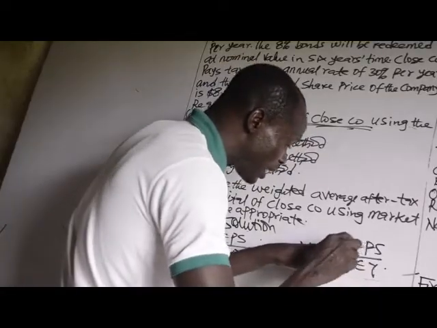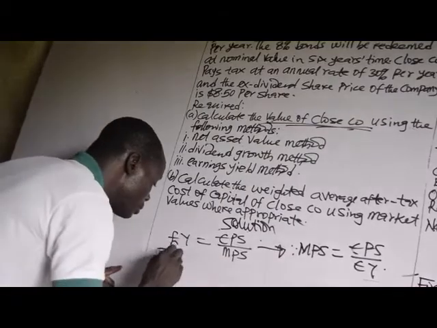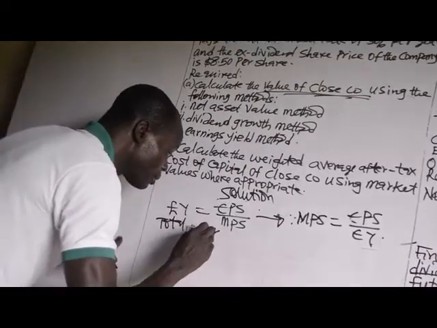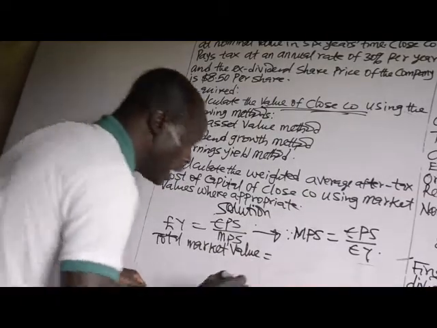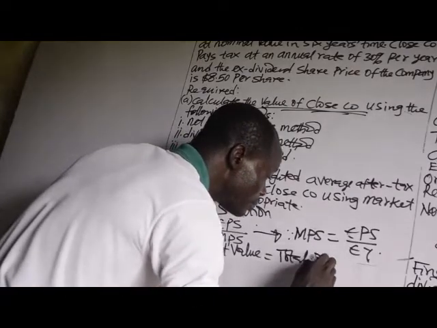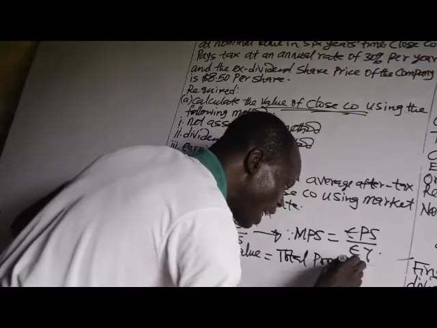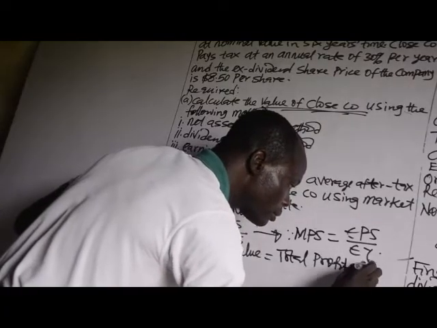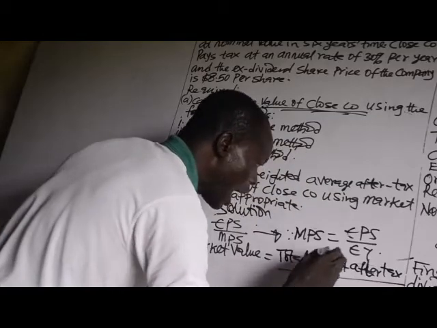The total profit after tax, meaning that the total market value using the ACCA method will be total profit or total earnings, total profit after tax, over earning yield.